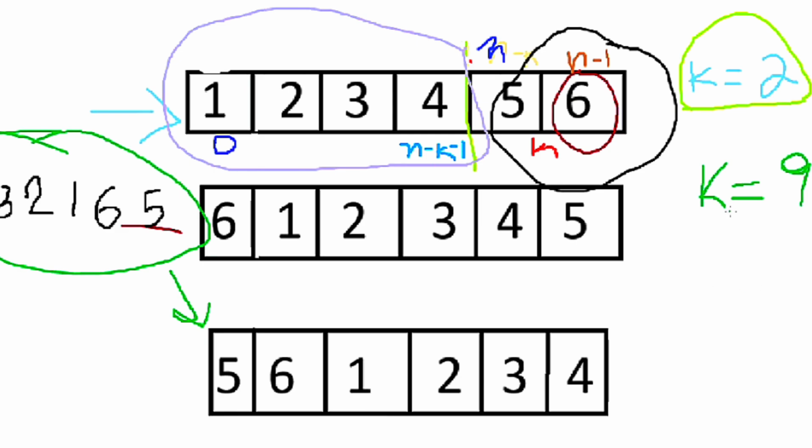If you do 9, or even a more huge value, like 12 or 13, 14, okay, we'll consider 13. So for 13 rounds of rotation, it will take a lot of time, right? So instead of that, a simple formula which you can use is k is equal to k modulo n.